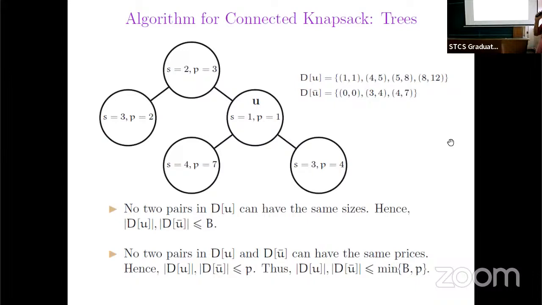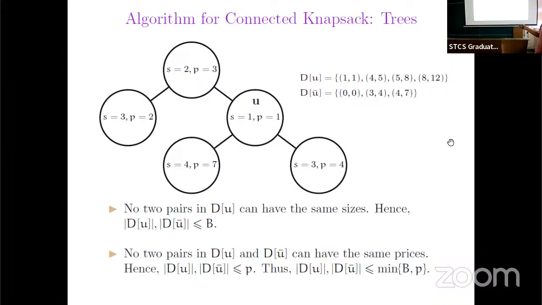Okay. Let's see how we can bound these things. First, you observe that no two pairs can have the same size. Because if the size is the same, then the price also cannot be the same, since they are distinct, and then one must dominate the other.